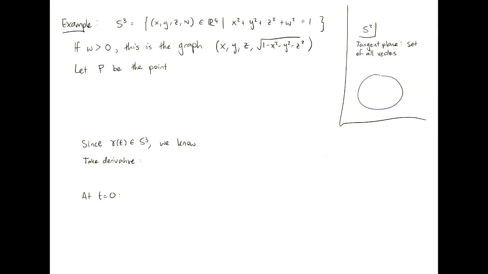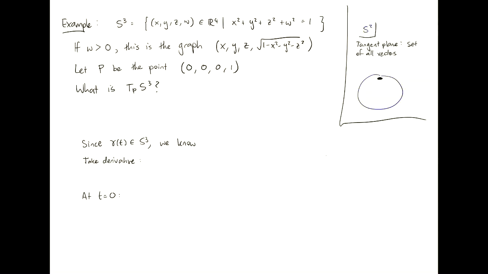And what we want to know is, if I let P be the point 0, 0, 0, 1, what is the tangent plane of S cubed at that point? If I look at S2, the sphere, you know it, you love it, you've thrown it at people, then we can look at the tangent plane equivalently, if I say W is the vertical direction, at this point here.